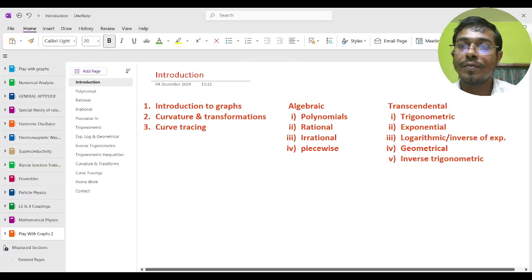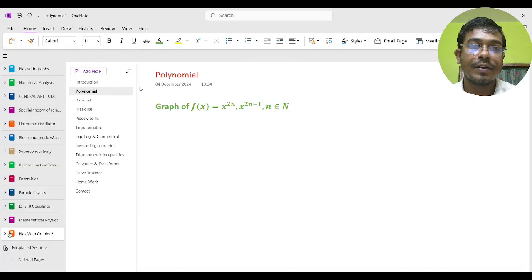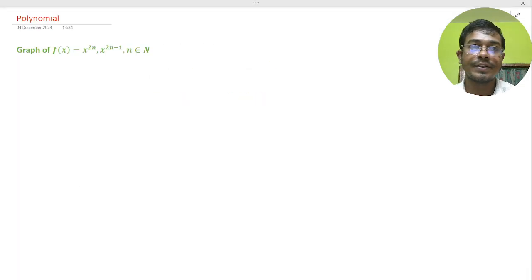For polynomial functions, we know the graph plotting of y equal to x, y equal to x square, x cube and so on. We generalize these equations and plot the graph of f(x) equal to x to the power 2n and x to the power 2n minus 1.